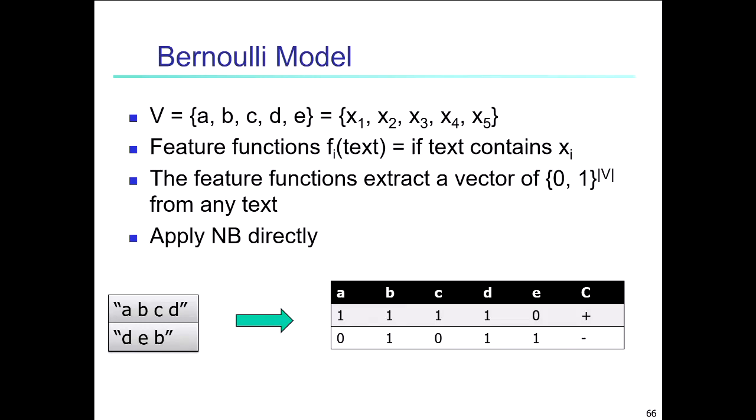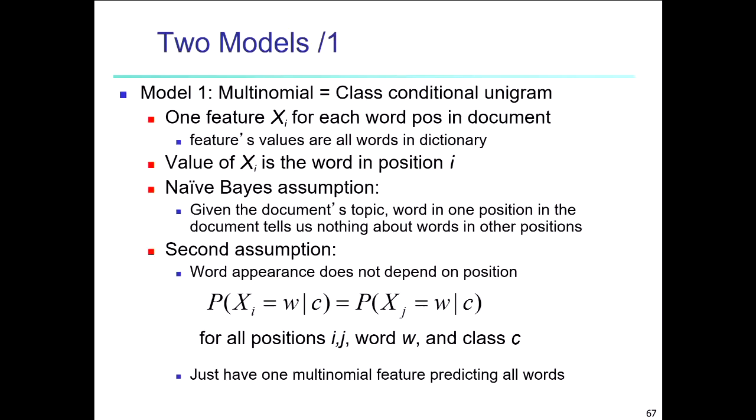But in the Bernoulli model, this number, 1 or 0, indicates whether the token has appeared in the document or not. If it has appeared, then it's a 1. Otherwise, it's a 0. Then after you get the vector, you can directly apply naive Bayes. The rest is simple.